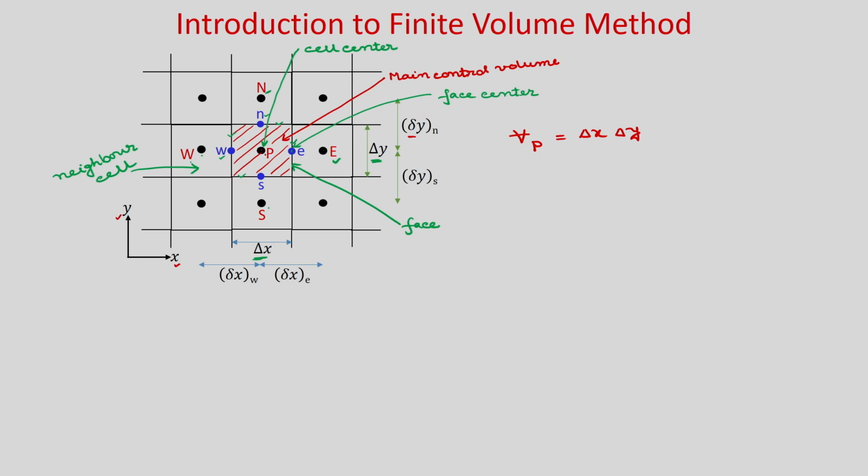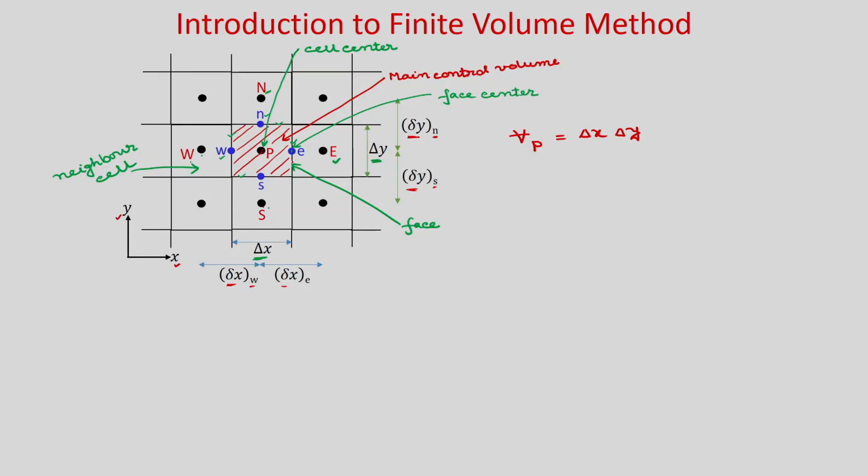So, between capital N and capital P, delta y small n, and between P and S, this distance is denoted as delta y small s. Similarly, between capital P and capital W, this distance is denoted as delta x small w, and the distance between capital E and capital P is denoted as delta x small e. So, these are the distances between two neighbor cell centers.